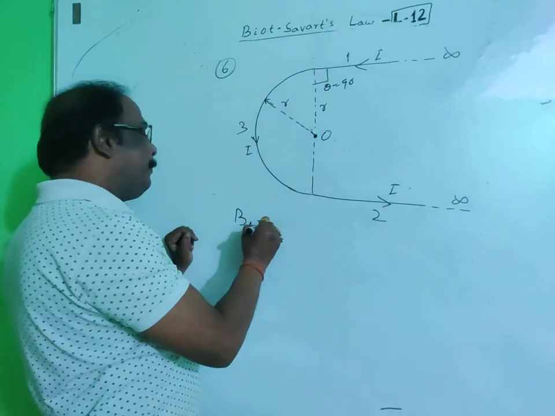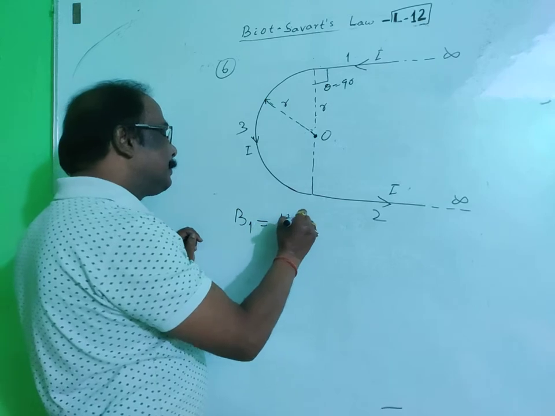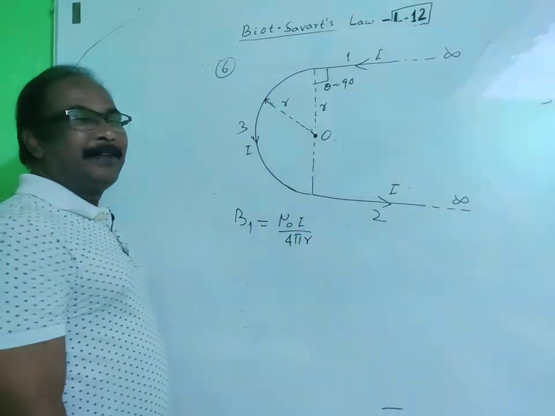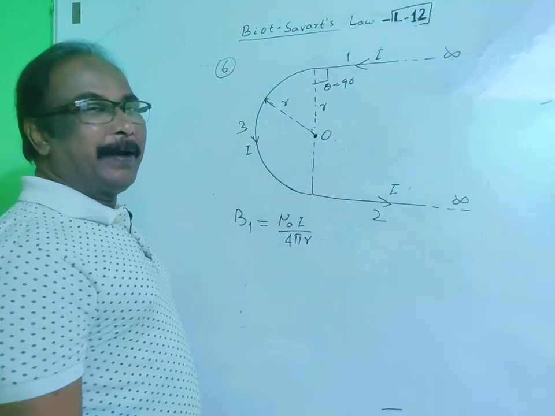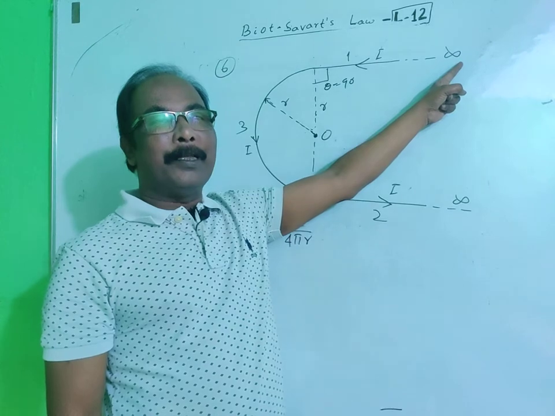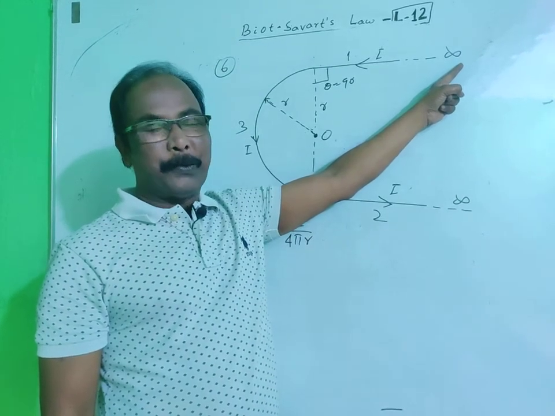Then B1 is equal to mu naught I by 4 pi R. We have discussed this in this lecture from the beginning.